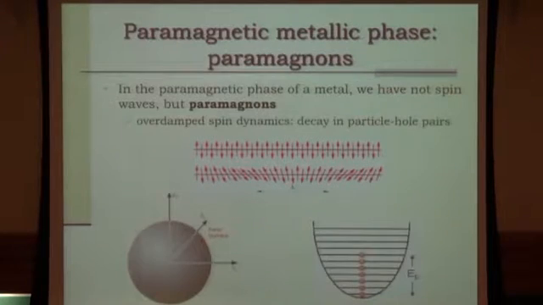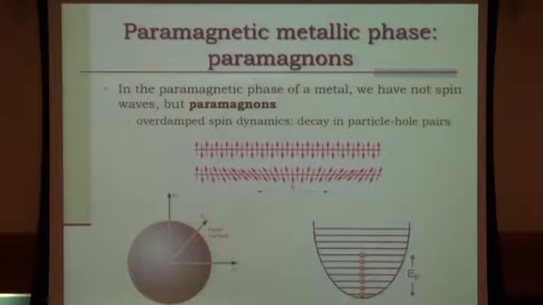Sounds interesting, but usually you can't, especially because magnons only appear deep in the ordered state. But there's a cousin of the magnons called paramagnons that appear in the paramagnetic state when you have a metallic antiferromagnet. You can understand these as spin excitations that get gapped in the paramagnetic phase, but also, because you have a Fermi surface, a spin excitation decays into a particle-hole pair.